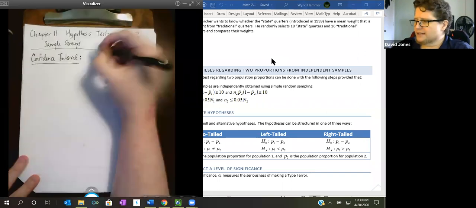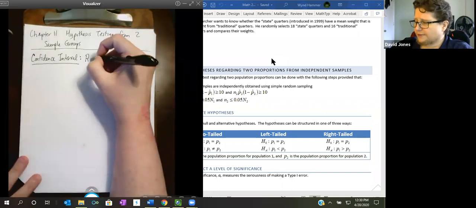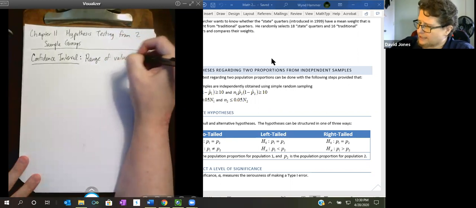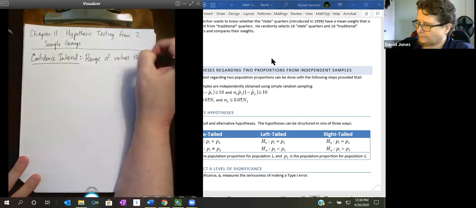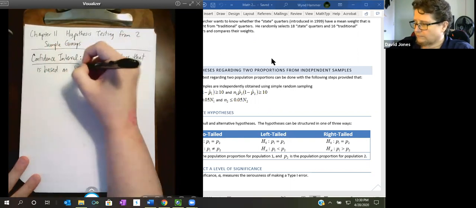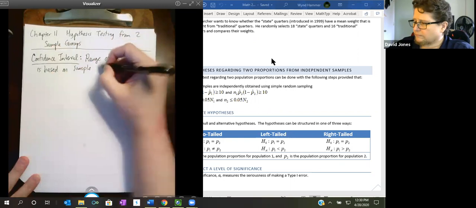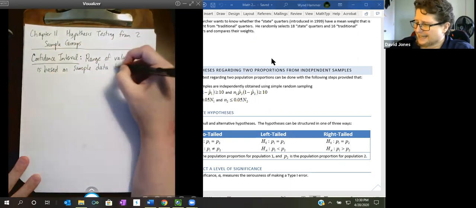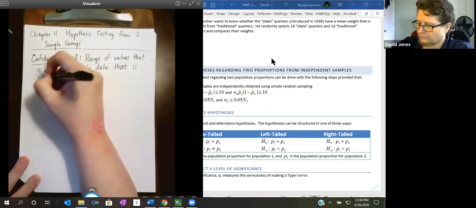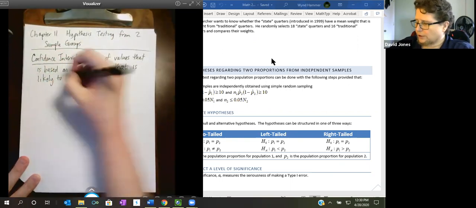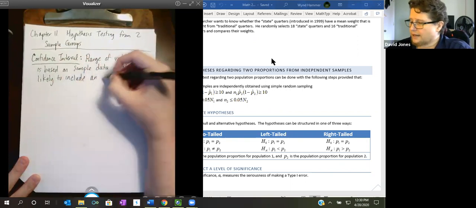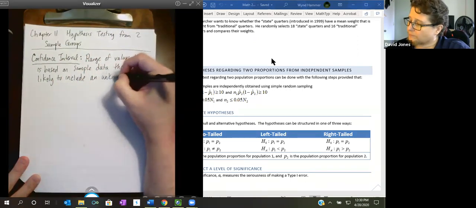Well, a confidence interval, it's a range of values that is based on sample data that is likely to include an unknown population parameter.